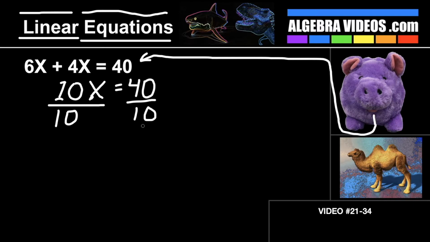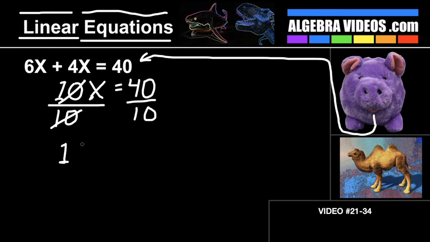Okay? And why did I do that? Because this 10 divided by 10 on the left side simplifies into just 1. Okay? Anything divided by itself is 1. Some people would say they cancel. They would draw slashes through these. That's perfectly fine. Anything divided by itself is just 1.